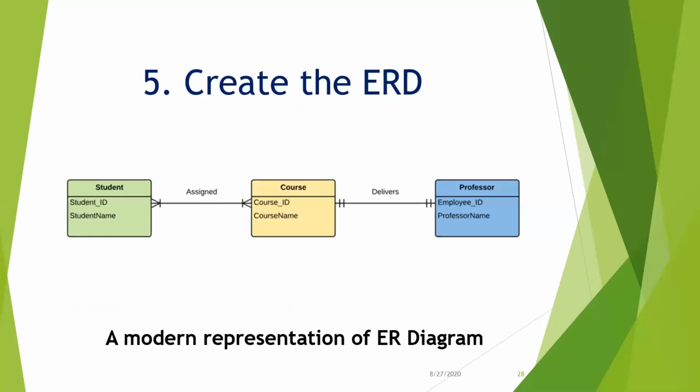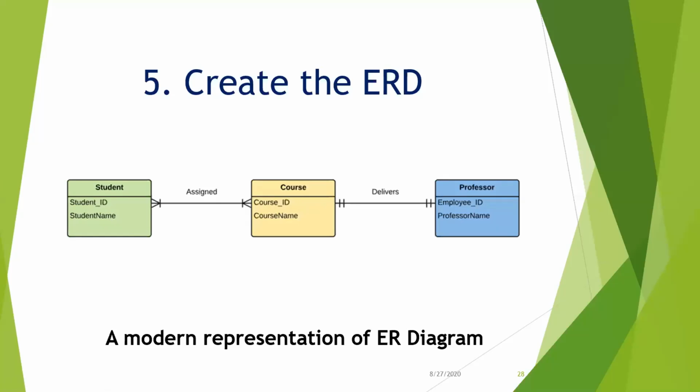This is the final picture. This diagram depicts a modern representation of the ER diagram, and here we are writing the attributes inside the rectangle, and here also inside the rectangle, and here also inside the rectangle. Okay.